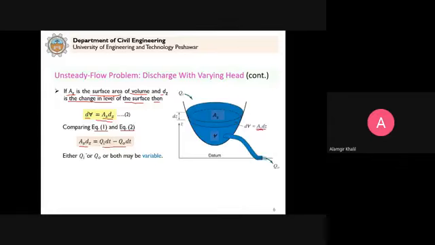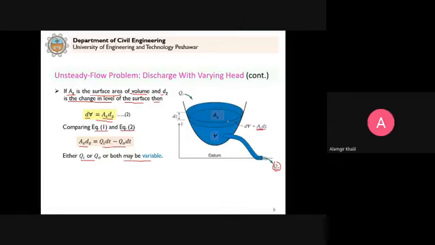In this discussion so far, either Qi or Q naught or both may be variable. Here, since the water level can rise and fall, Q naught will commonly change. If you want steady flow, so that Q naught does not change with time, just keep the water level constant.